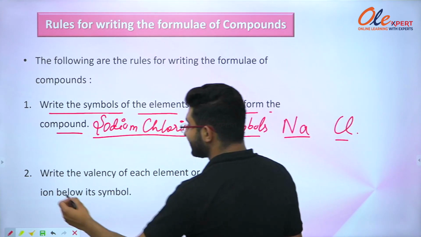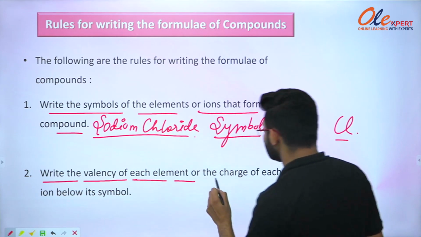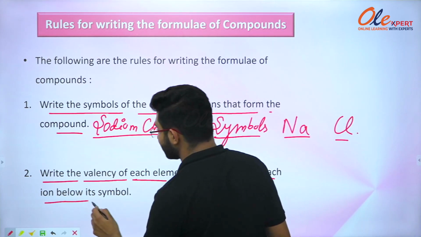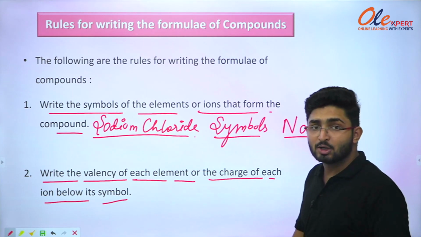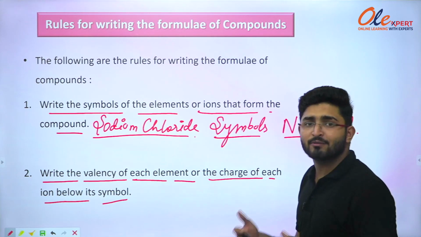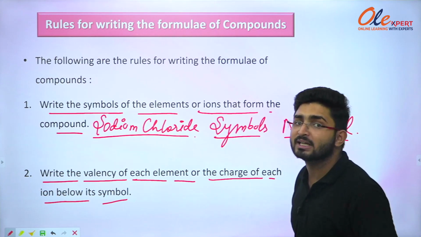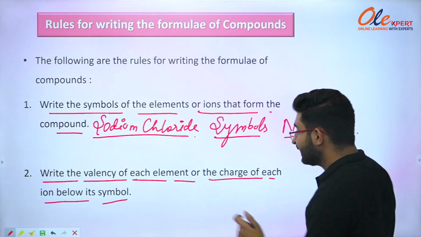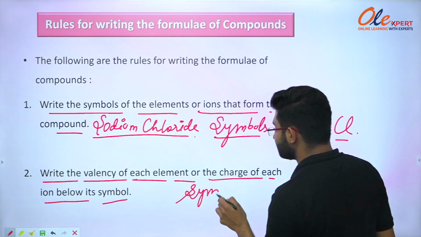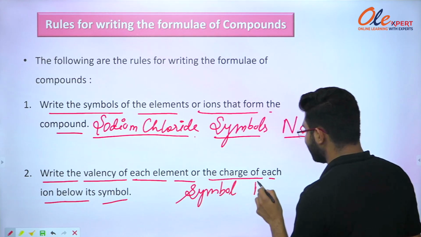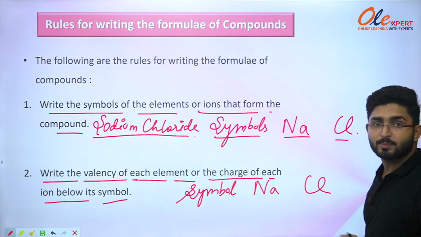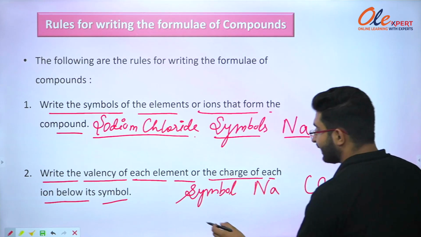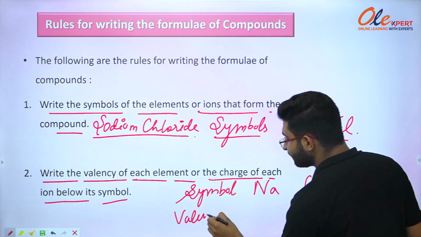Okay, the next rule says: write the valency of each element or the charge of each ion below its symbol. So you have to write the valency of each element, or if you have an ion, then you have to write the charge of that ion under it. We have the symbols Na and Cl. These are the elements, and in the case of elements you have to write down the valency.